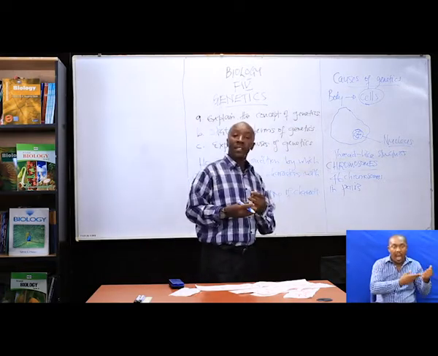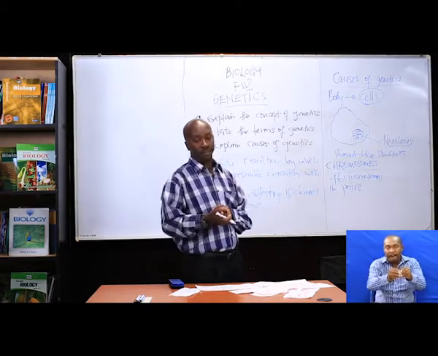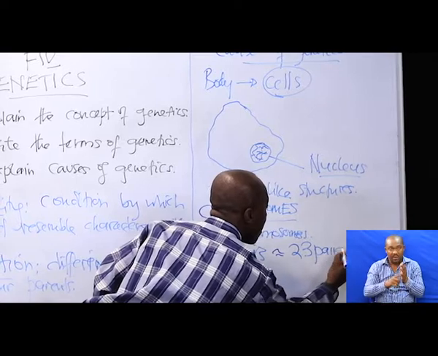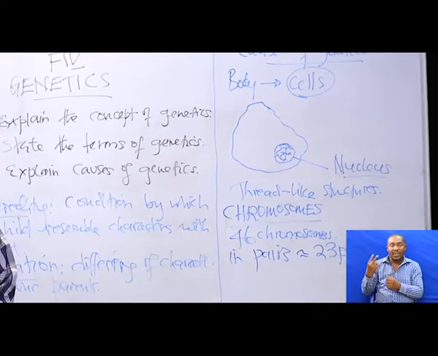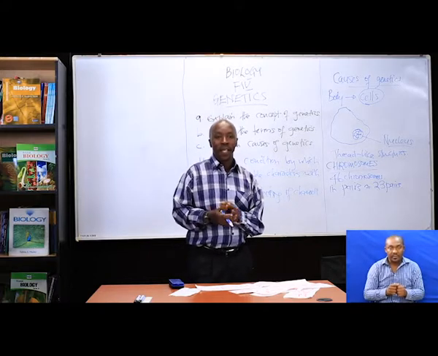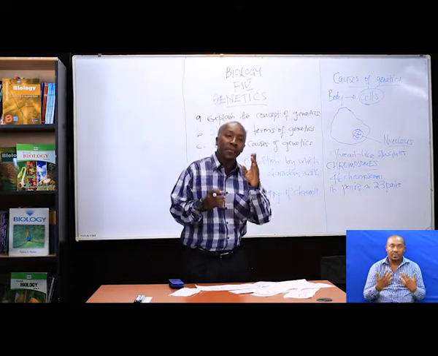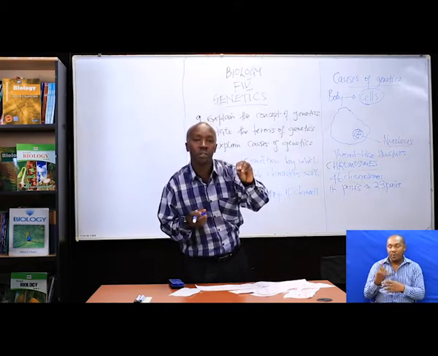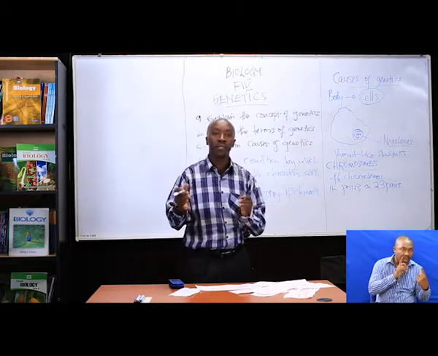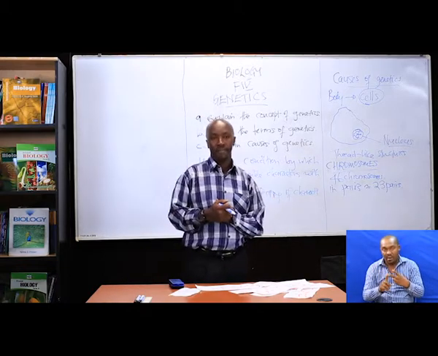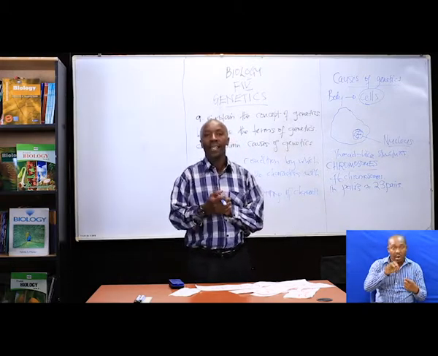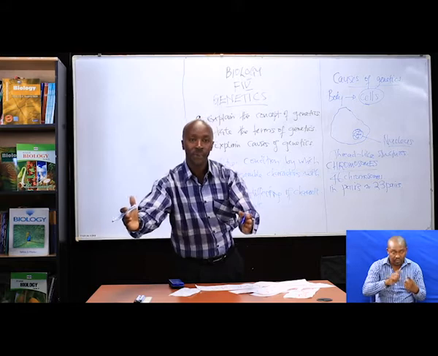So if we have 46 chromosomes in one cell, then it's equivalent to 23 pairs of chromosomes. But from each pair, one chromosome is from the mother and another chromosome is from the father.